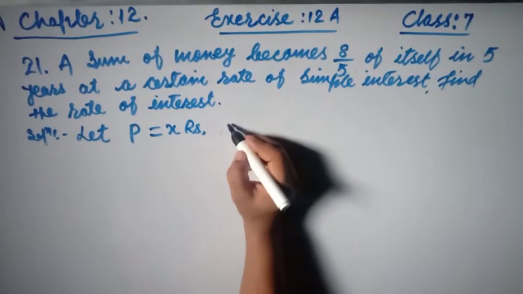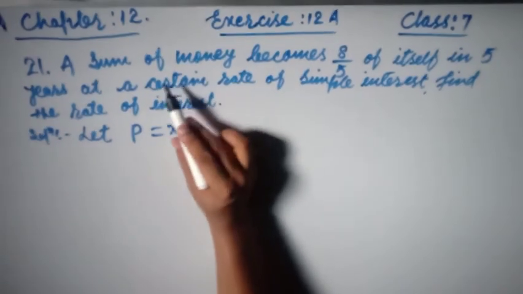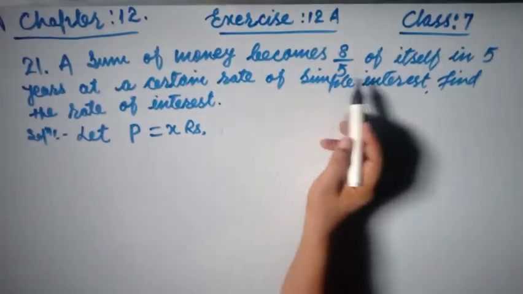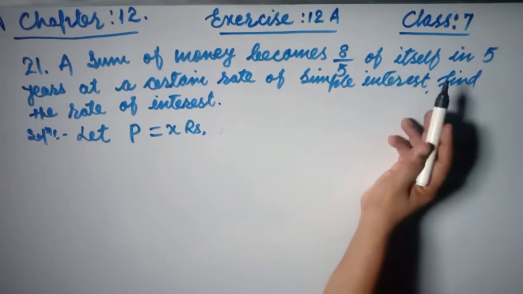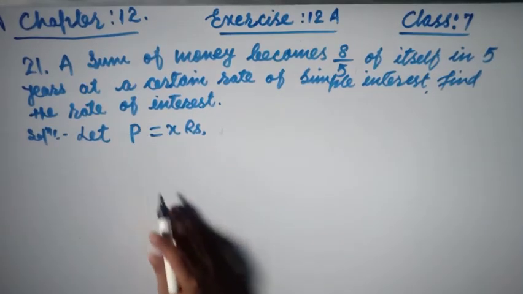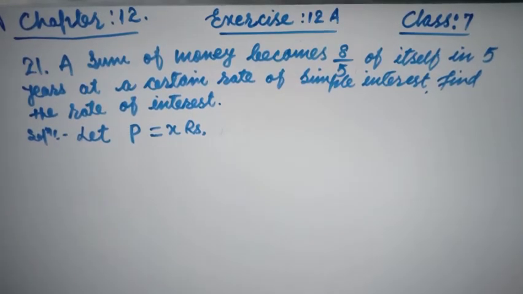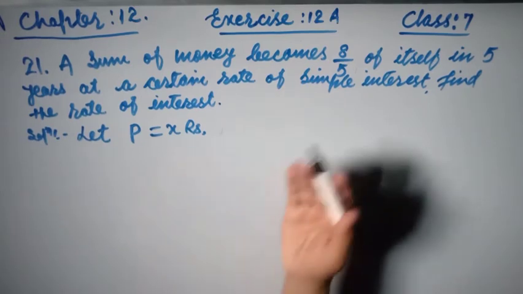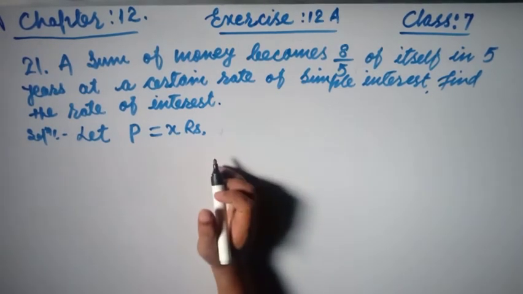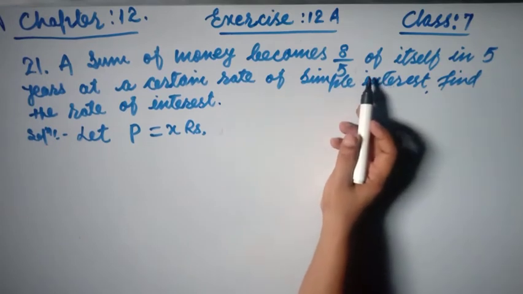Suppose the sum of money, that is the principal, is equal to x rupees. The sum of money becomes 8 by 5 of itself in 5 years. So after 5 years, this principal becomes 8 by 5 of itself.